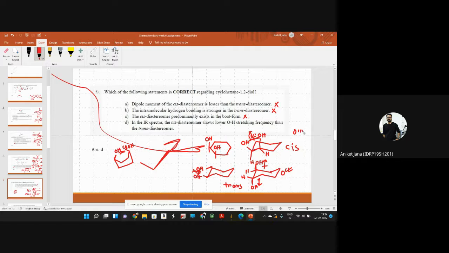When there is hydrogen bonding, the IR stretching frequency of the OH bond decreases. So in the cis isomer, hydrogen bonding is there, and due to that the OH stretching frequency is decreasing. So option D is the correct one.